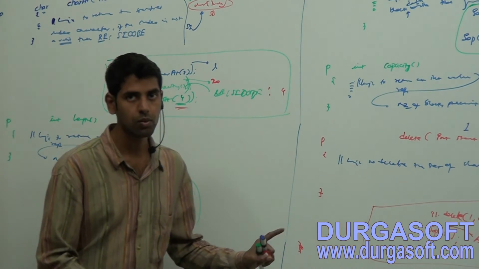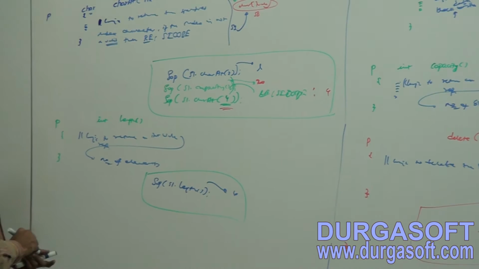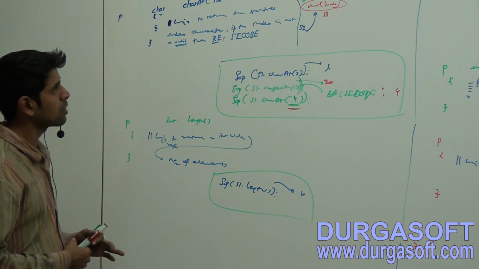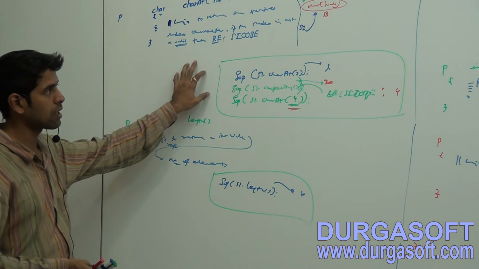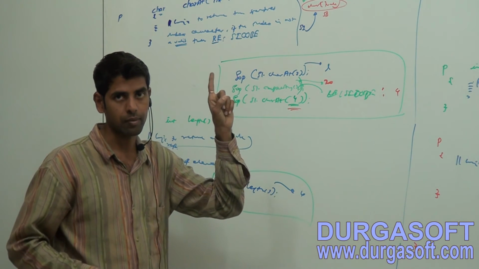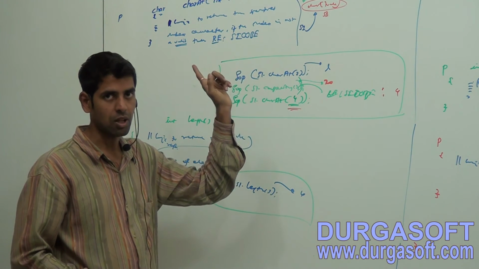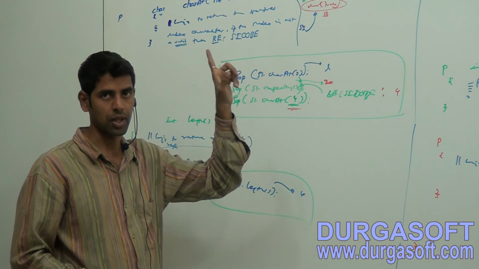Still we have a few more methods. If you ask me to write my own code for these methods, for this charAt we cannot write it because it depends upon OS architecture. A lot of predefined implementation is available for this charAt method.